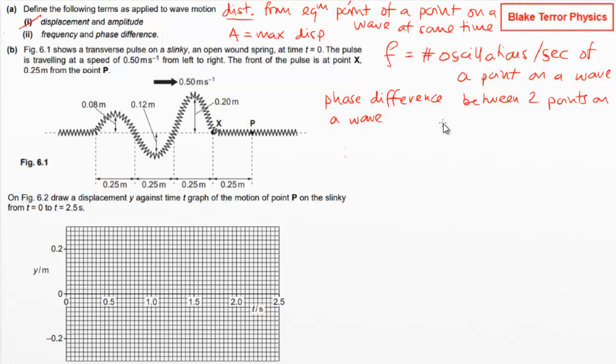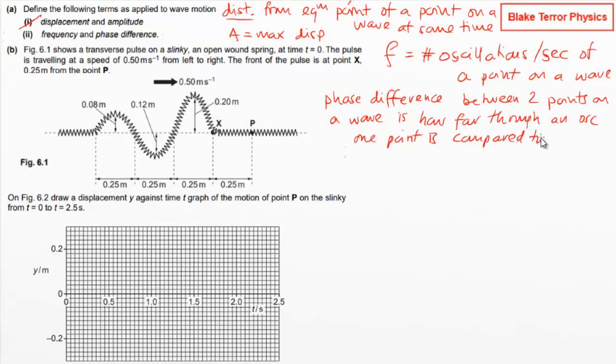So phase difference between 2 points on a wave, and that is how far through an oscillation one point is compared to the other.